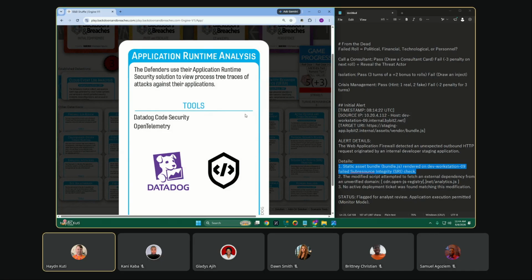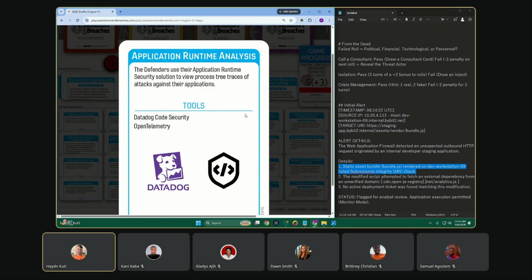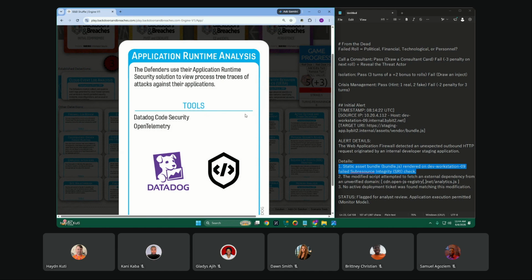Application runtime analysis. Vendors use application runtime security solutions to view process tree traces of attacks against their application. But isn't that going to focus specifically on runtime behavior and not give us anything else? No, I don't think so, because look at the detail, right?